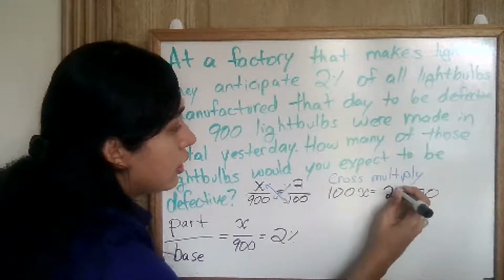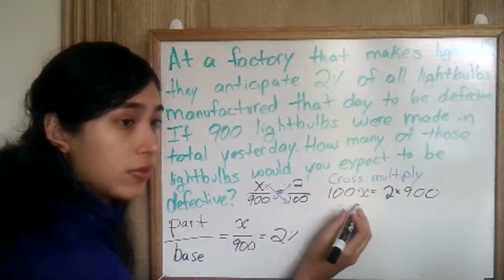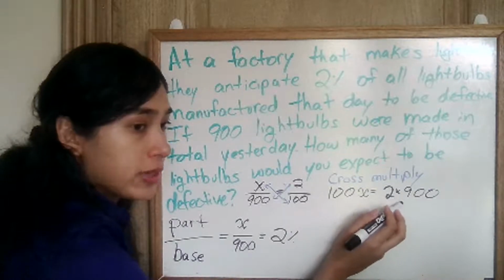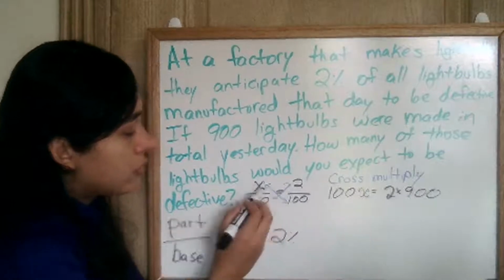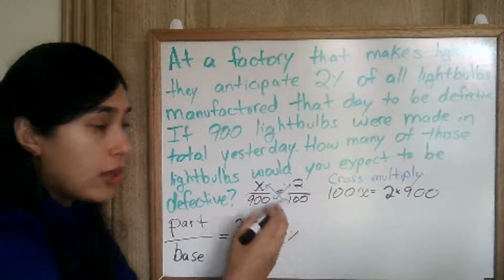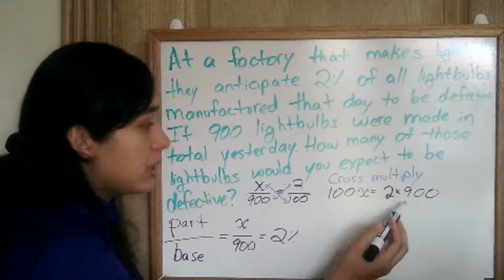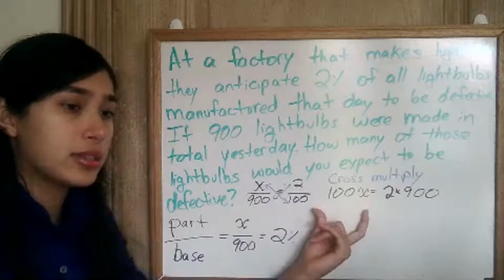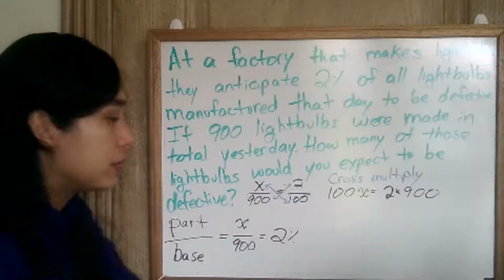Again, you can see why I have the x that we're solving for as a curly x instead of looking just like our multiplication symbol. By writing the x first, I can read out 100x is equal to 2 times 900. It just makes it a lot easier to have our unknown on the left side.